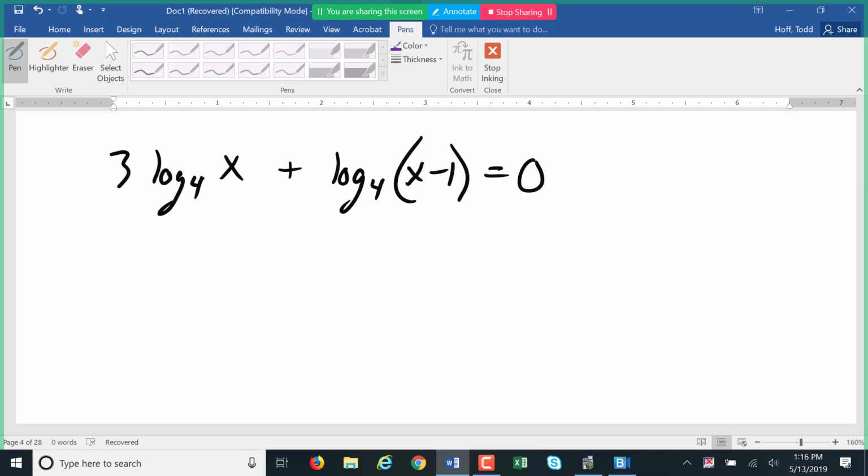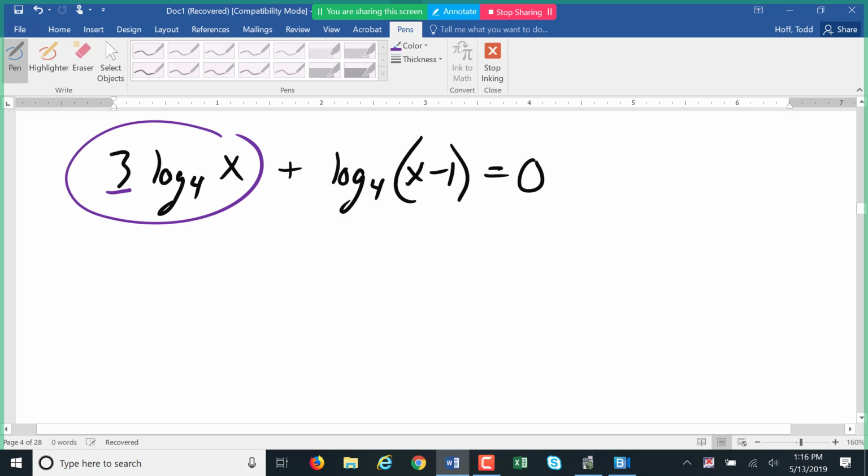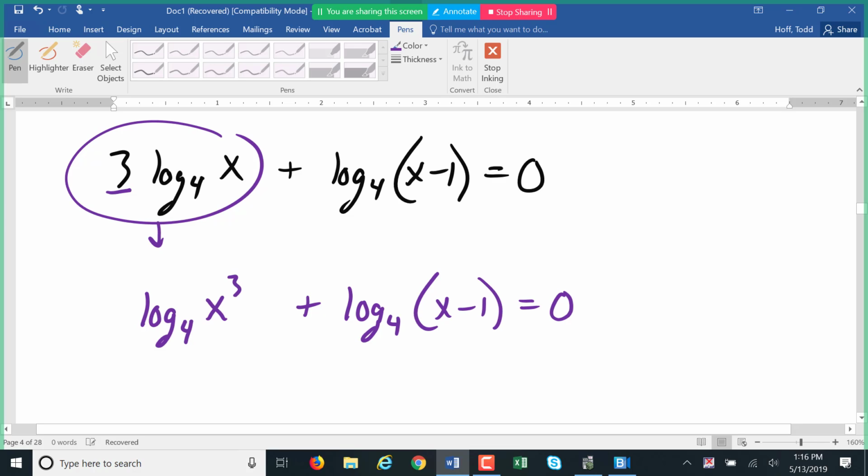But remember our rules of logs. We can combine logarithms. I'm going to start with this piece here. The number multiplying a log, remember, is a power on the object of the log. 3 times log base 4 of x is equivalent to log base 4 of x cubed. Does that look familiar to everybody from last week?